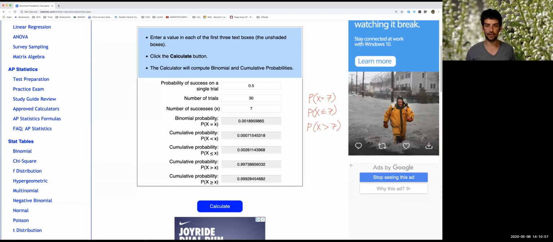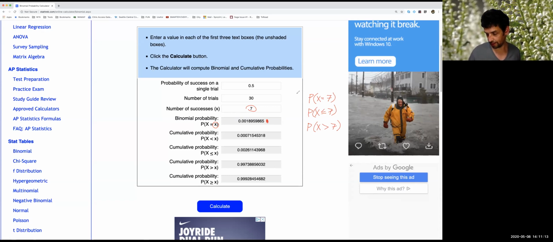So looking down here, right, the probability that x equals little x, we put in little x. So now all of these numbers, little x is 7, all of these values is 7. So this is the first answer we wanted. P of x equals 7.